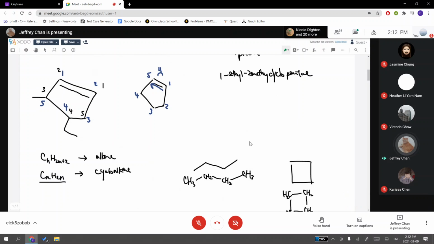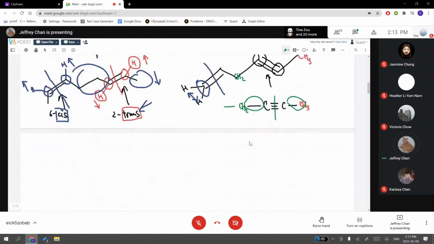I will get to a double bond on a branch at the end. If you look at organic 1, the last question has a double bond on the branch. So just wait. I know you're anxious, but just wait. It's coming. It's coming.